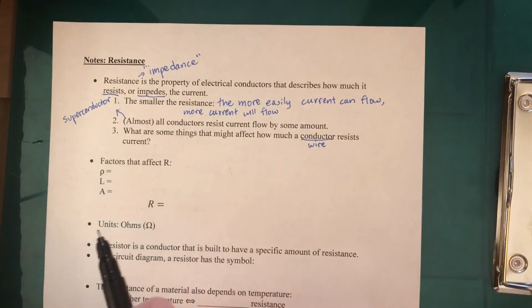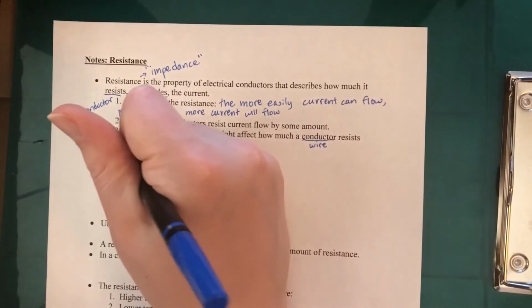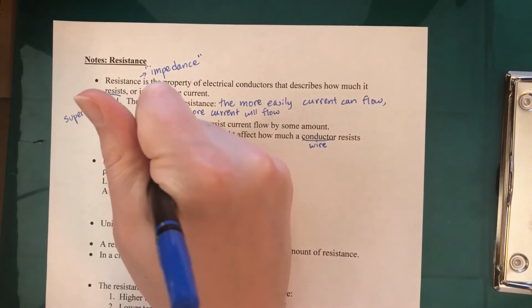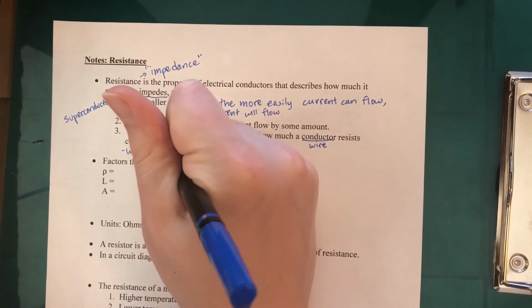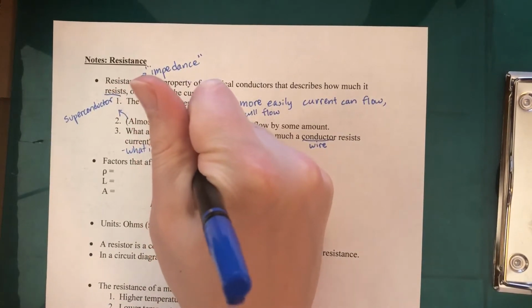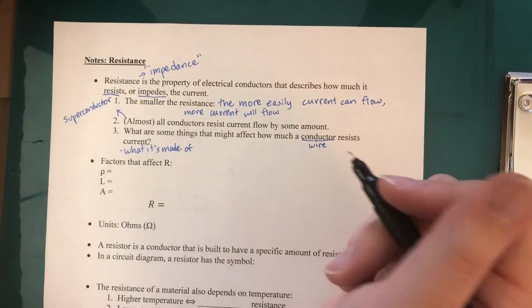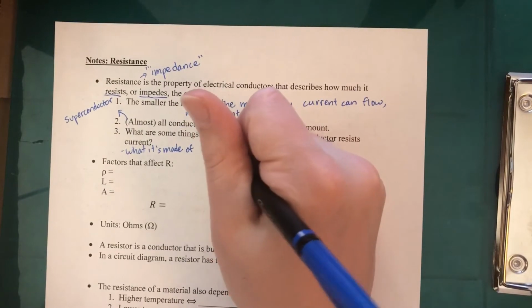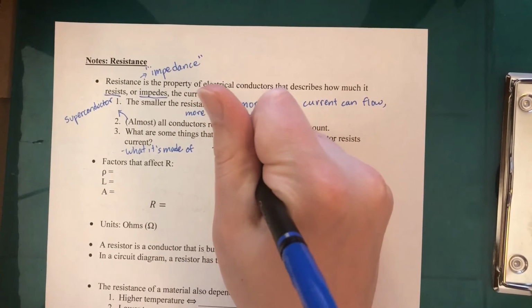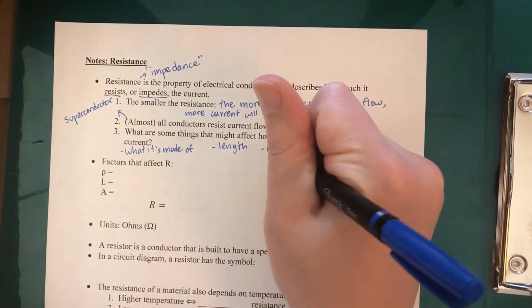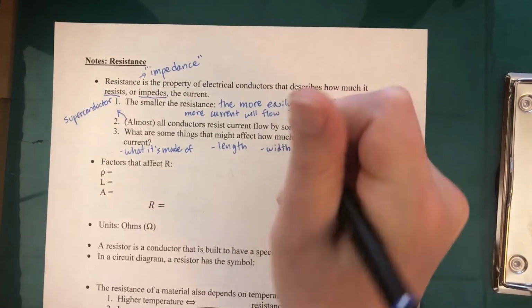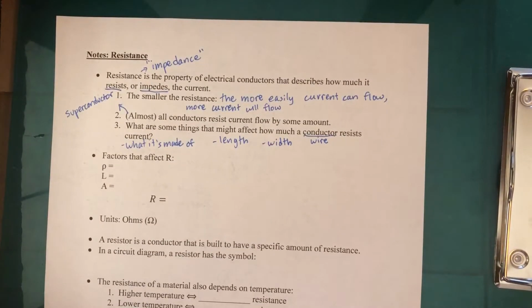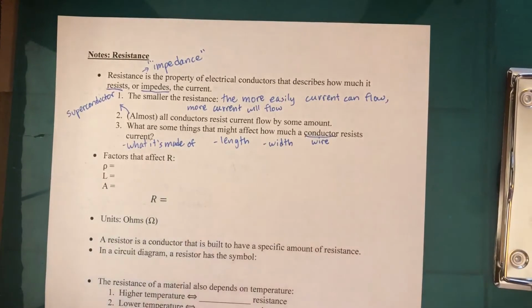Well, I want to know what it's made of, and then I might want to know the dimensions, such as the length and the width of the wire. And if we know these three things, we pretty much know exactly everything that goes on in that wire.